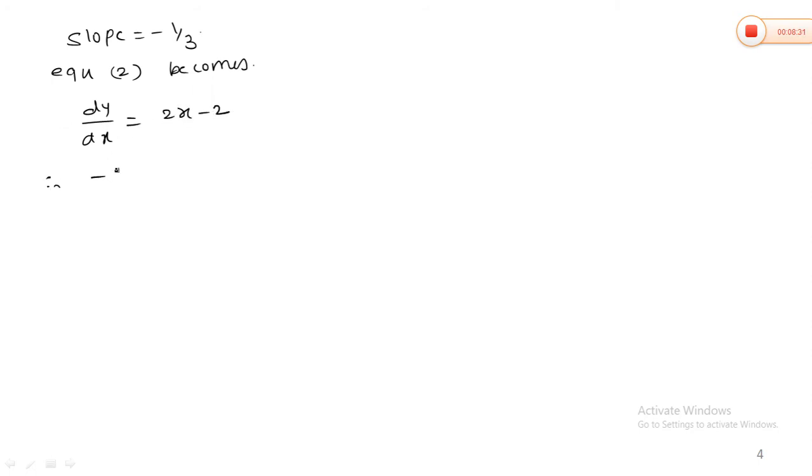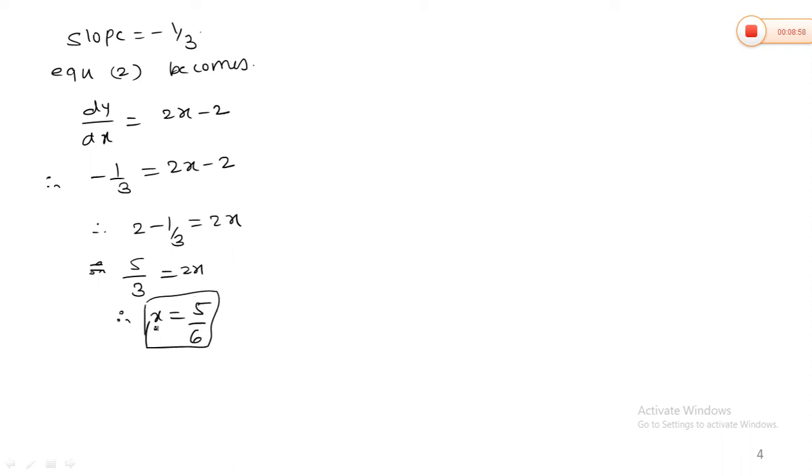Therefore this equals minus 1 by 3, 2x minus 2. Therefore 2 minus 1 by 3 equals 2x. So 6 minus 1 is 5 by 3 equal to 2x. Therefore x equals 5 by 6.